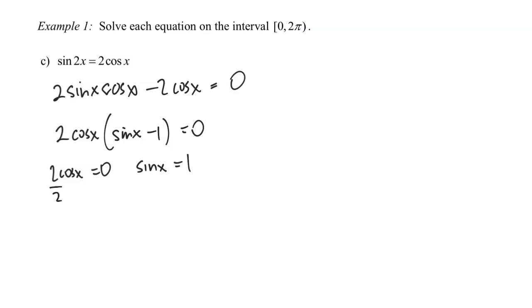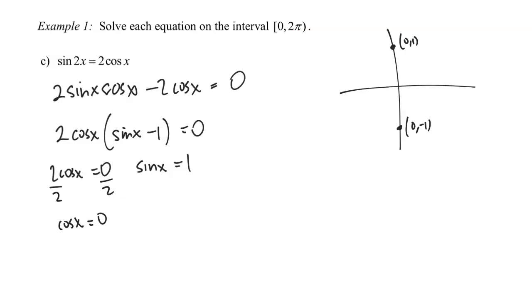On this first equation, you can just divide by 2 on both sides, and so you get cosine x is equal to 0. And remember, that happens at a quadrantal angle. Cosine x is the x-coordinate on the unit circle. So if we think about where the x-coordinate is 0, that would be here at the point 0, 1, and here at the point 0, negative 1.